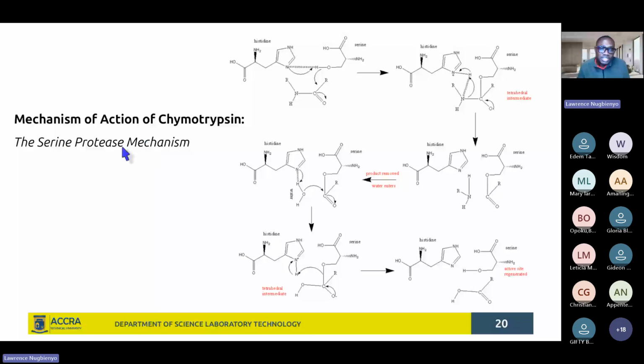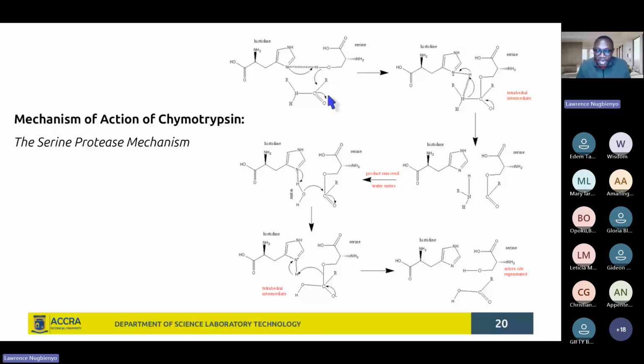So we are looking at the serine protease mechanism, taking chymotrypsin as an example. Now, before I talk about this reaction mechanism, let me just mention to you that, please, this is not a thing that you want to go and be cramming into your head.